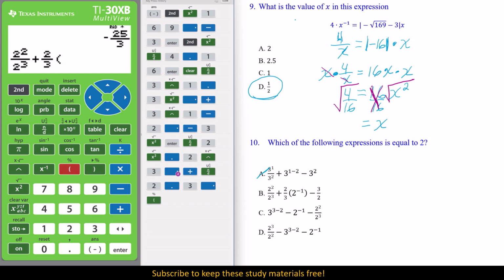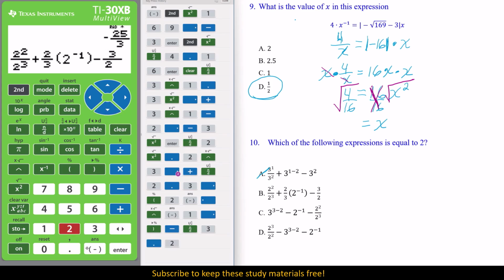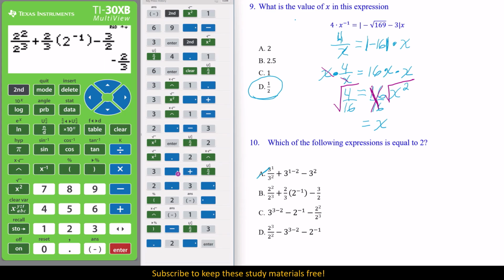Now let's put in our parentheses and 2 carried up, then negative 1. Now you have to arrow over and close that parentheses. Now minus fraction 3 over 2. Give it a second look, make sure we look good. Then push enter. Definitely not 2 again.